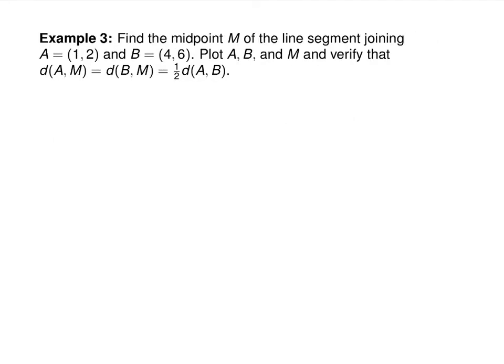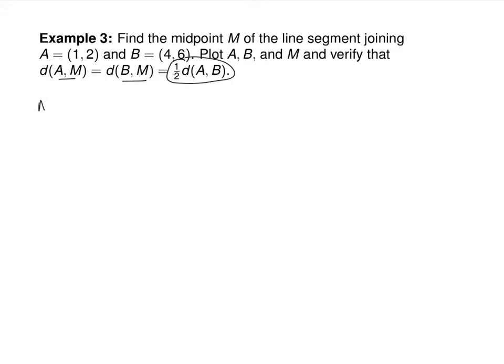So find the midpoint of this line segment, and then plot the points and verify that the distance from A to M is the same as the distance from B to M, and that's half of the distance between the 2 points to begin with. So first, find the midpoint.